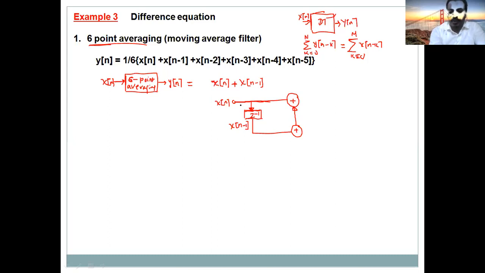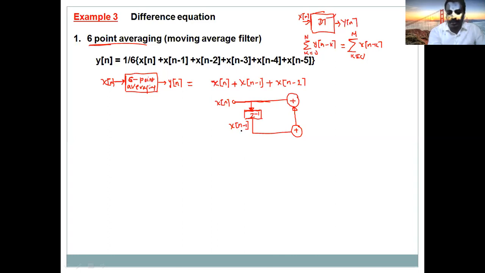Again, we need to add to our equation not only the input before one time unit, but also the input before two time units, x of n minus 2.